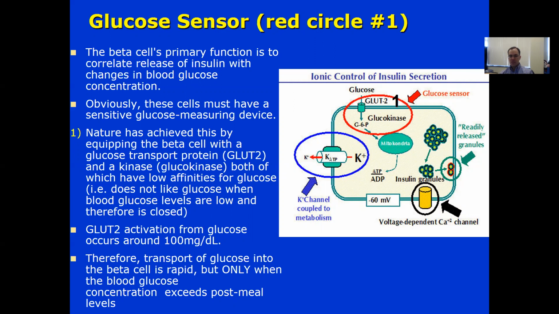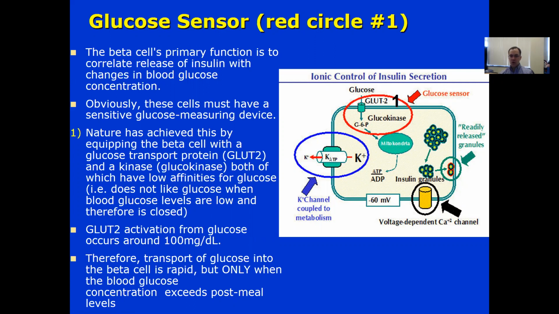These are considered sensors of glucose, but they're only going to be activated when glucose levels are high. In other words, they have a low affinity for glucose, which basically means that they do not activate when glucose levels are low, and therefore they'll be closed or inactivated.